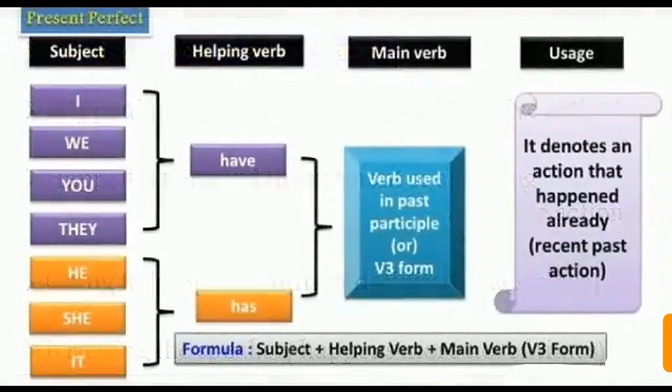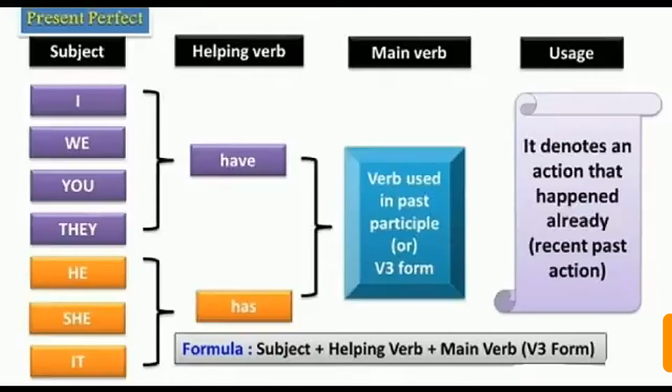Okay, now let us move towards present perfect tense. Here you just keep in mind that the subjects are the same, I, we, you, they, he, she and it, but the helping verb will change. Notice that has helping verb is used only with the third person singular, that is he, she or it, and with the rest of the subjects, that is I, we, you or they, have helping verb will be used.